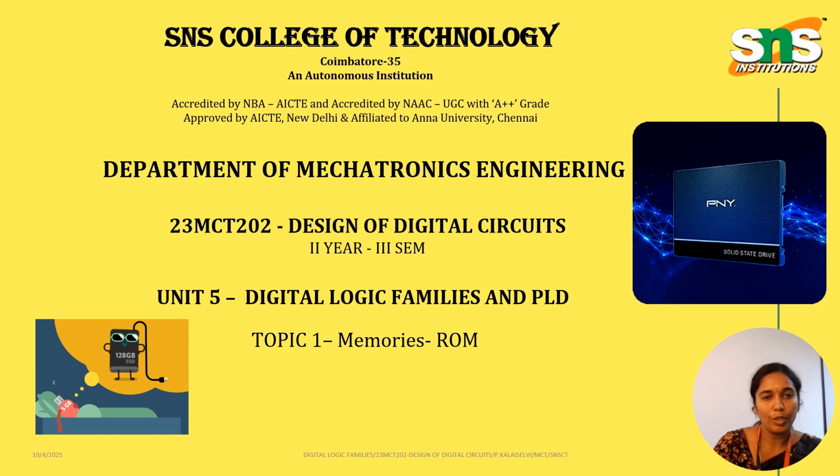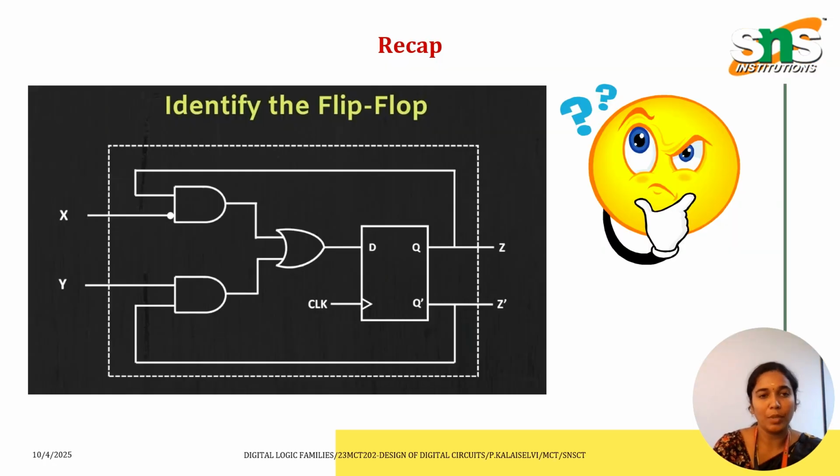Before going to the topic, just a recap of the previous session. Can you guess what flip-flop this is? Yes, this is the D flip-flop. D is nothing but a delay flip-flop which has only one input, that is D, and two outputs, that is Q and complement of Q, Q bar.